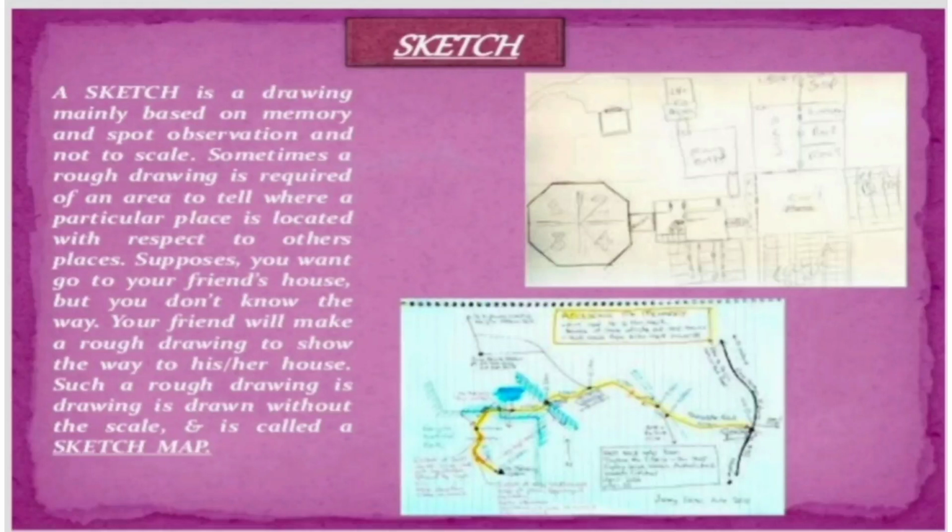Suppose you want to go to your friend's house, but you don't know the way. Your friend will make a rough drawing to show the way to his or her house. Such a rough drawing is drawn without the scale and it is called a sketch.